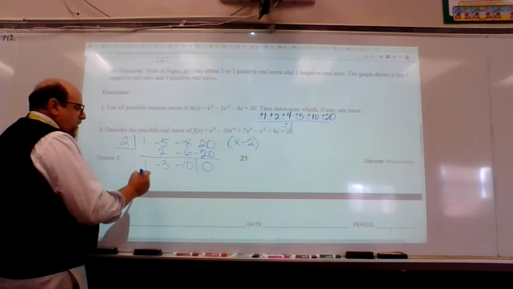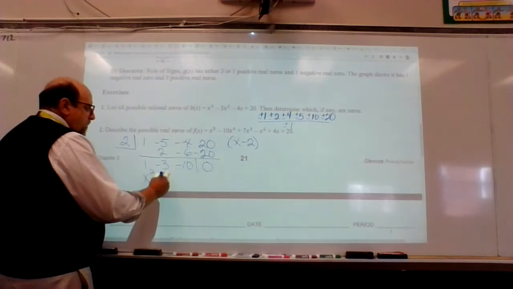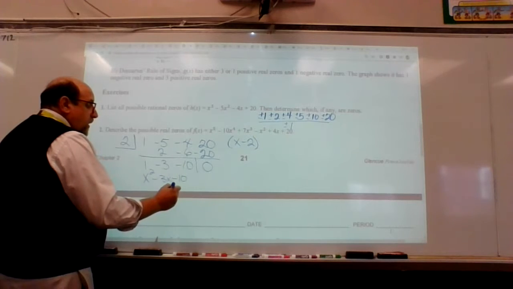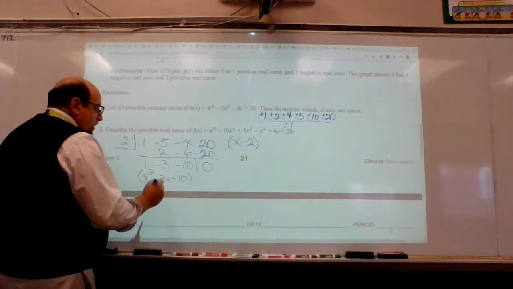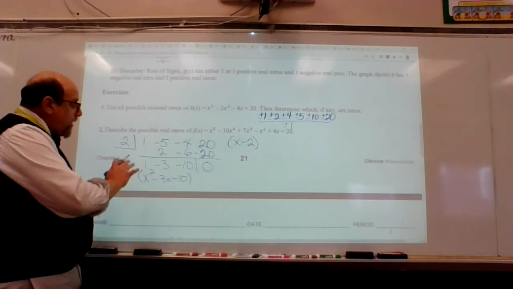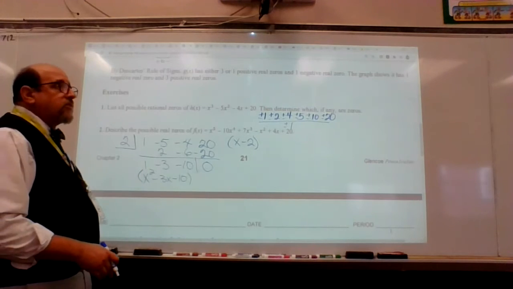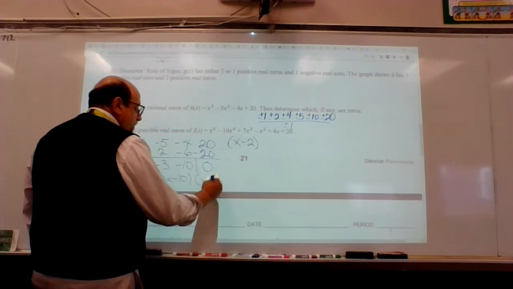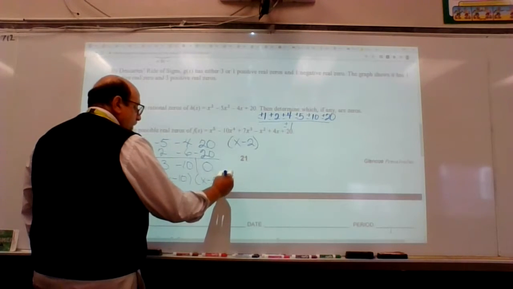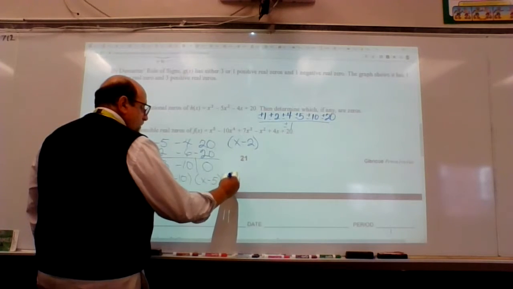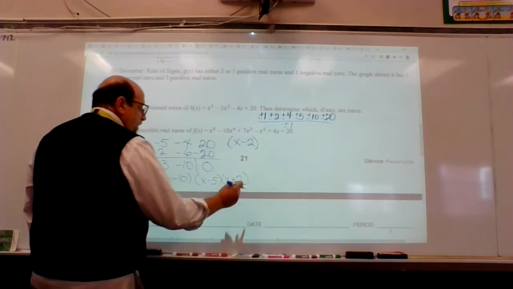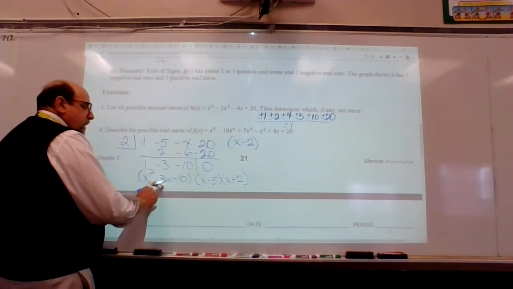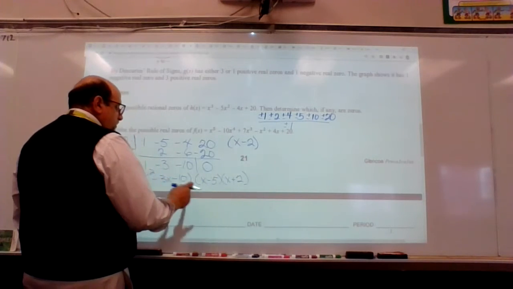So let's use what's left over, and we're going to say x squared minus 3x minus 10 is our quadratic, and we can factor this quadratic. If I'm not mistaken, this is x minus 5 and x plus 2, right? Because negative 5x plus 2x is negative 3x, and negative 5 times positive 2 is negative 10.